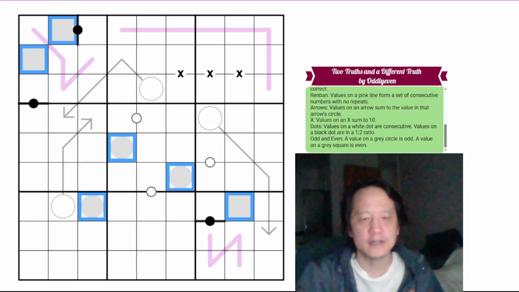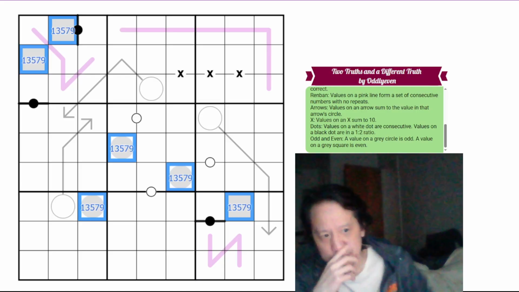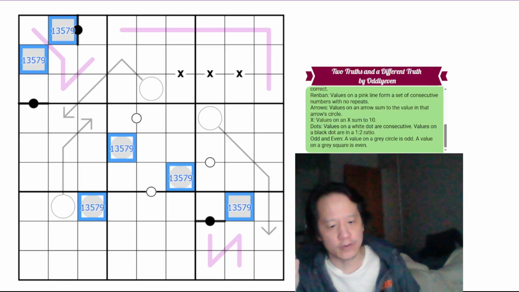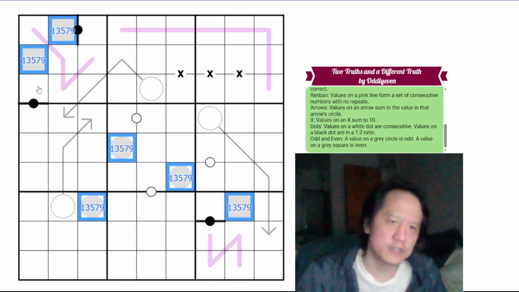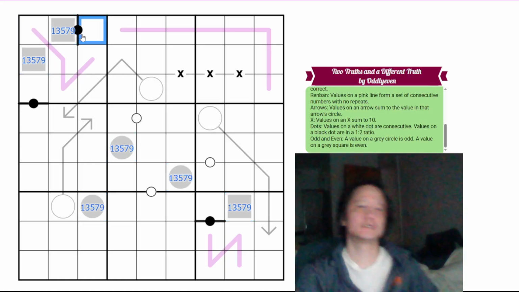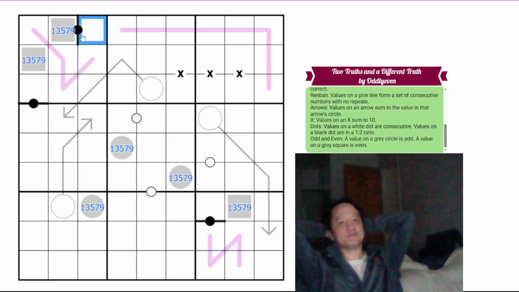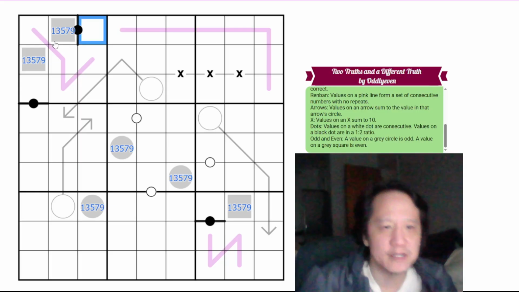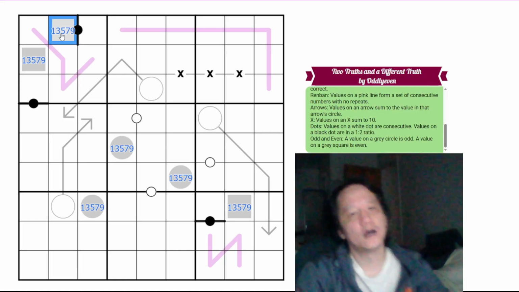And then they have to be in some sort of scenario where they basically work. That's interesting, especially with this black Kropke dot. What does that mean? Well, obviously, it can't be double of itself. I think I know what this has to be then. Okay.